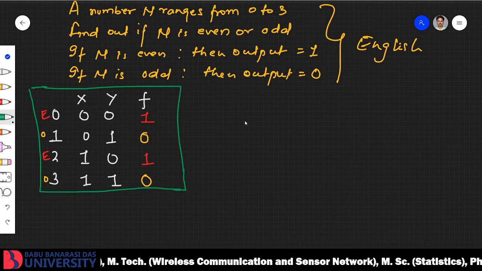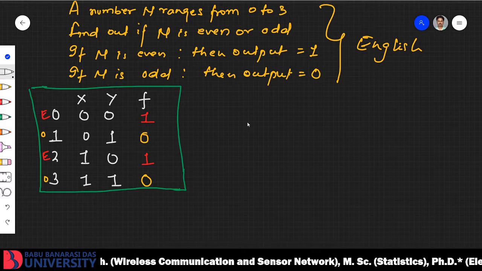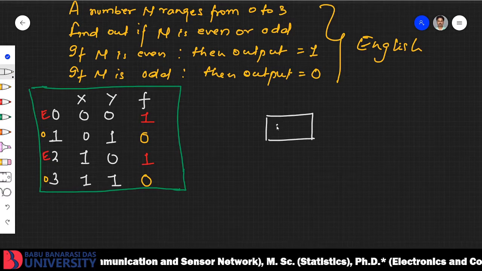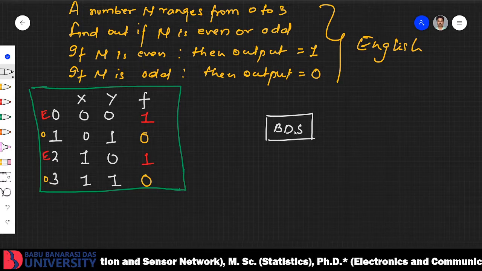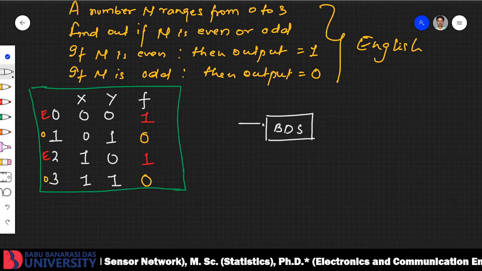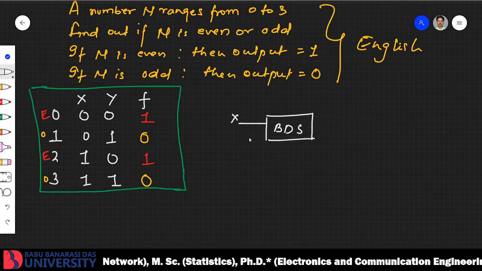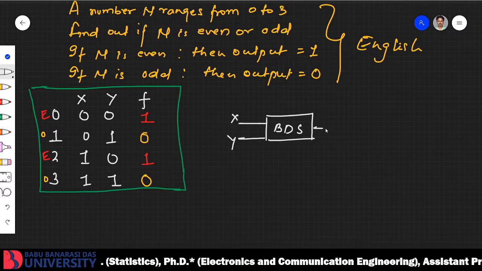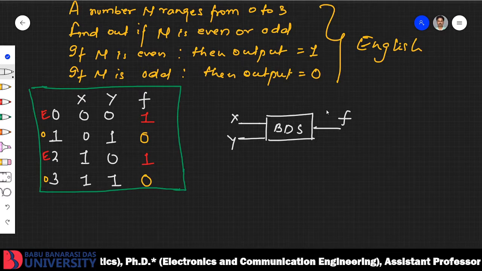But before that, let's make a block diagram of a binary digital system in which inputs are x and y and the output is represented by f.